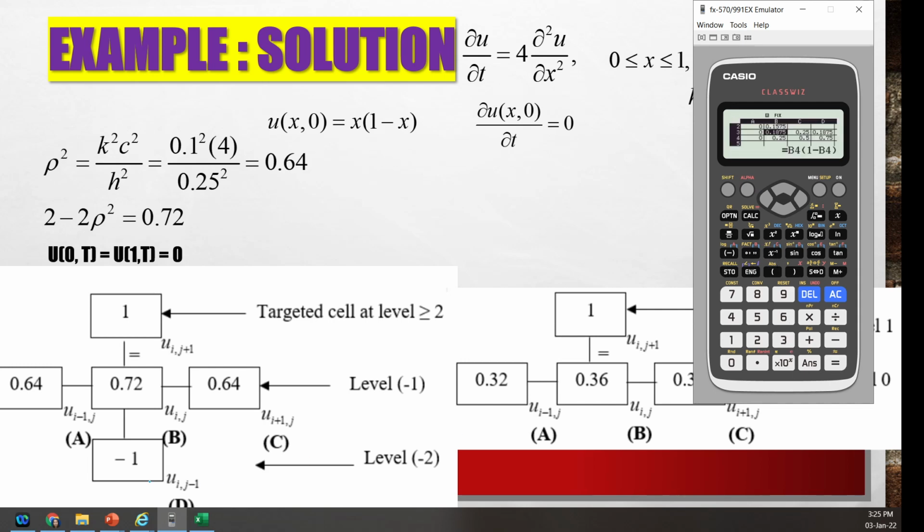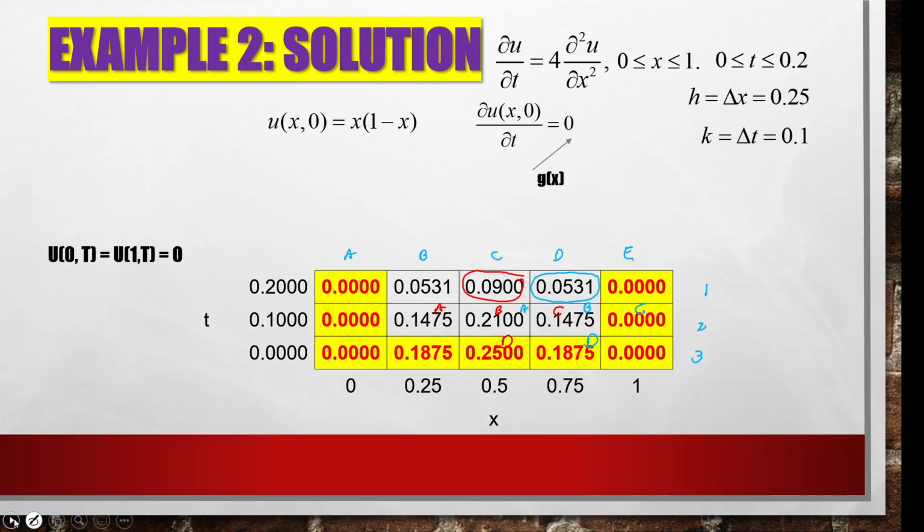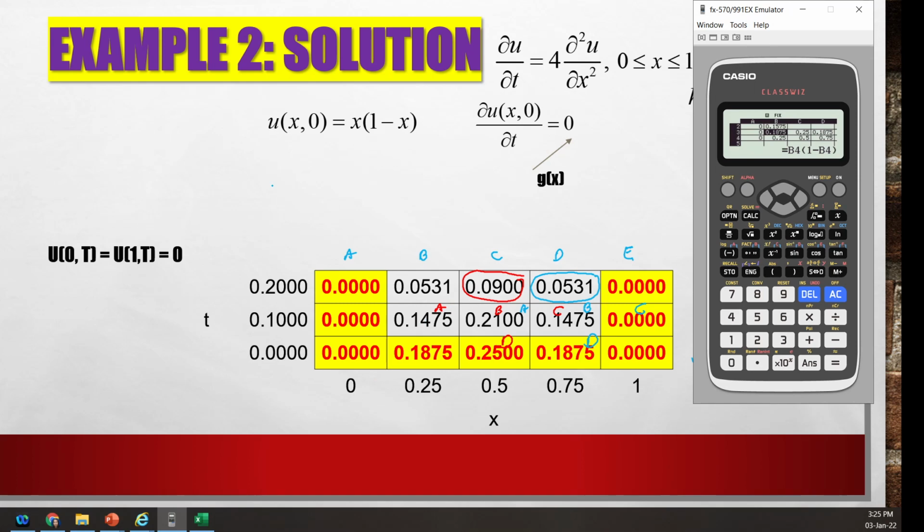Okay, equal, you see here. Check the value here. 0.1475. Okay, I get 0.1575. Okay, check the formula.